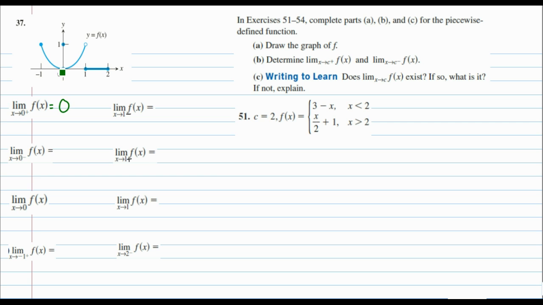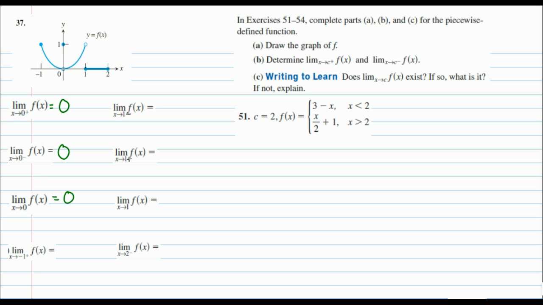As you can see, the function's value at 0 is not 0, the function's value is 1, but the limit from the right is 0. Now, the limit as x approaches 0 from the left is also 0, which then means, since the limit from the right and the limit from the left are the same, that the two-sided limit as x approaches 0 of f of x is also 0.